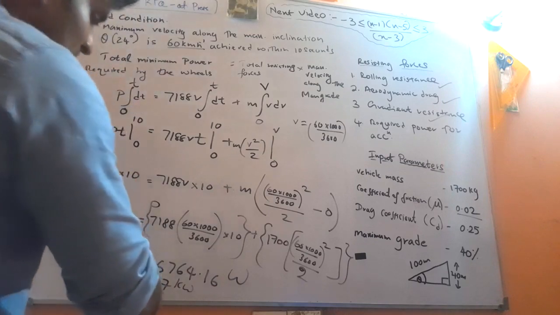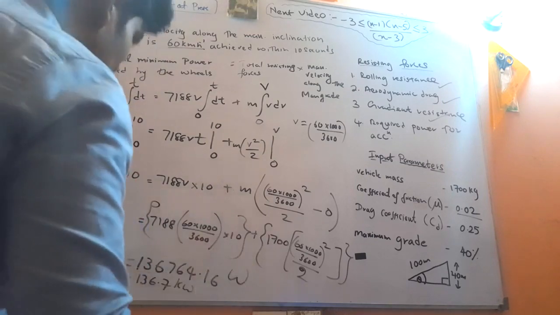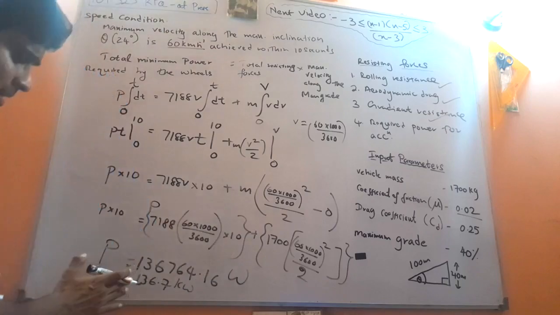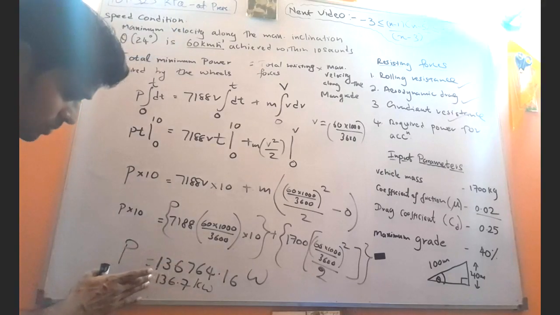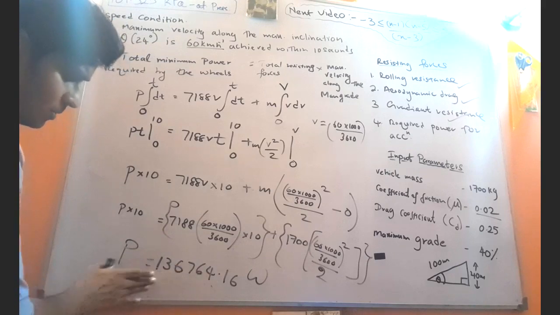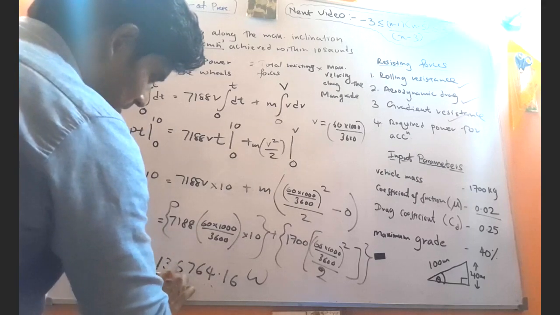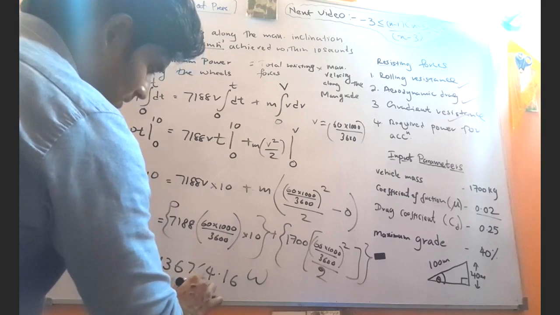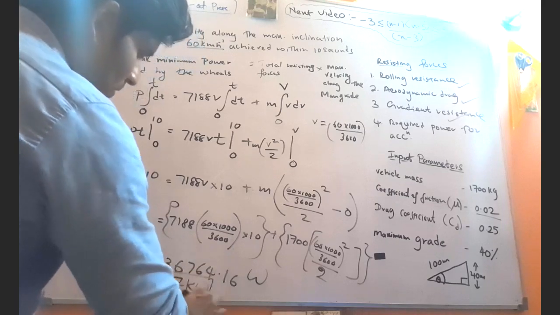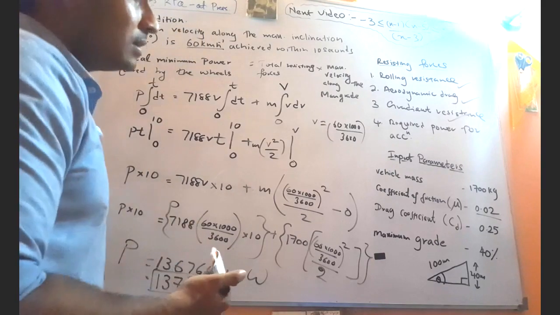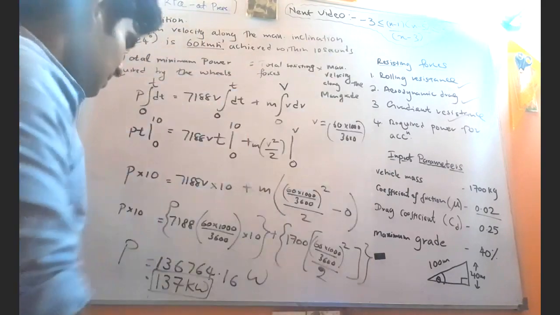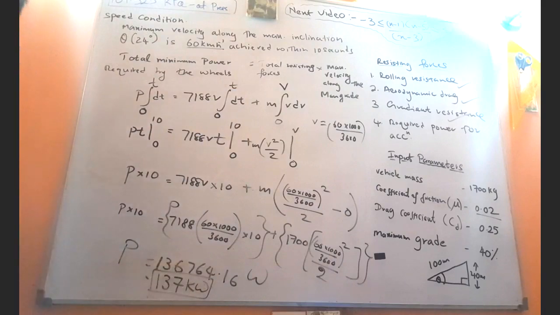It would be much better if you round this up to 137 kilowatts. So let's keep the final answer as 137 kilowatts. So what is the required power at the wheels under these resistive forces? 137 kilowatts.